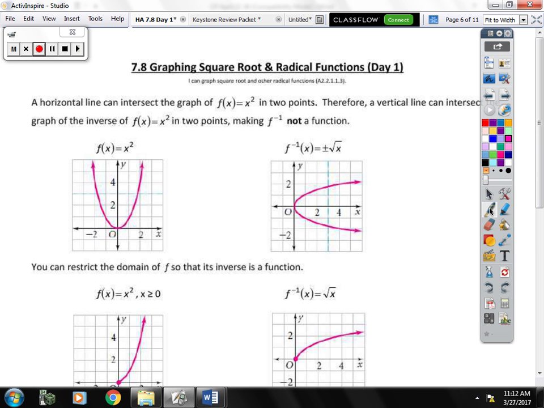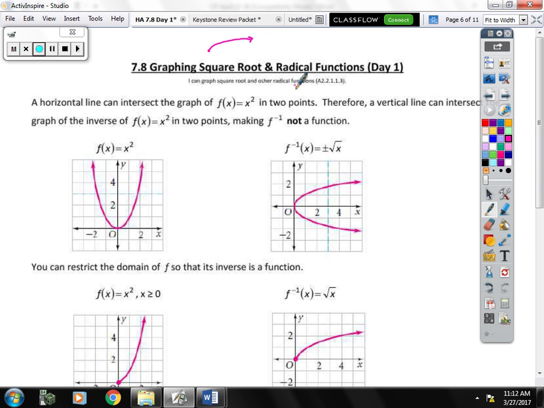So today our goal is to graph the square root and other radical functions. We know in general that the square root graph looks like a starting point that kind of shoots off, right? We're going to graph those with translations today, so shifting left, right, up, and down, using a lot of the rules we already know from chapter 5.